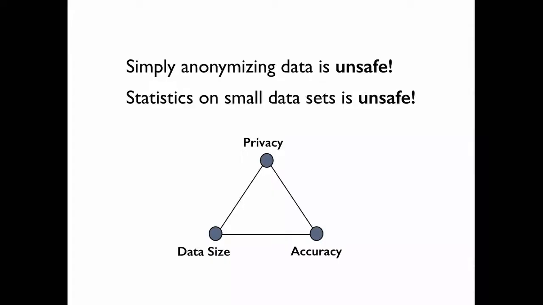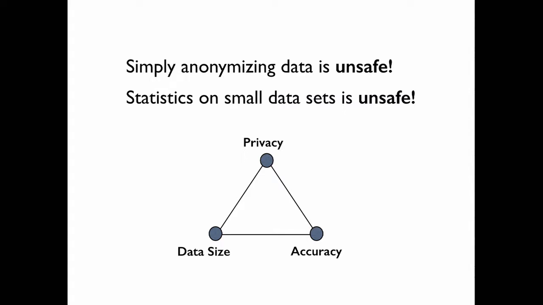And in general, what this means is that simply anonymizing data is unsafe, but also if you have lots of statistics on relatively small data sets, even that can be unsafe. And as we'll see throughout this tutorial, there's a trend where three things are going on, right? There's privacy, which is, of course, privacy of individuals; data size, which is the number of subjects or people involved in the data; and accuracy, which is how accurately you can calculate statistics on these individuals, okay?